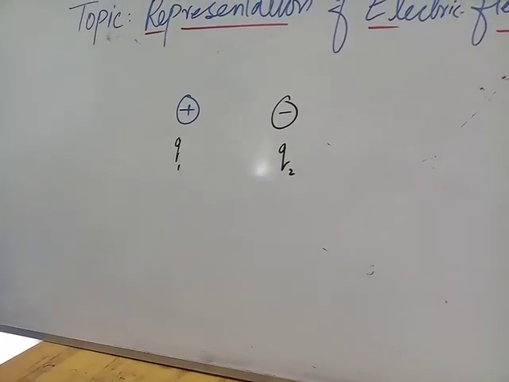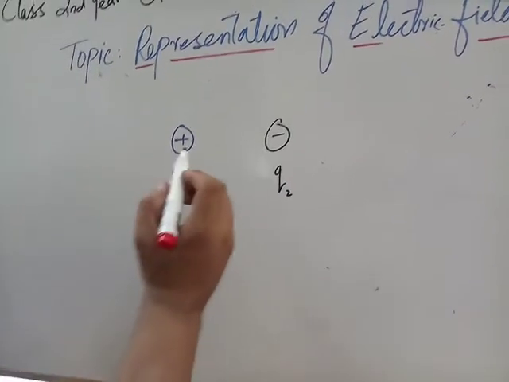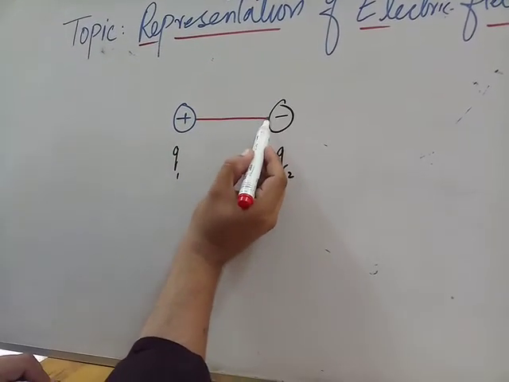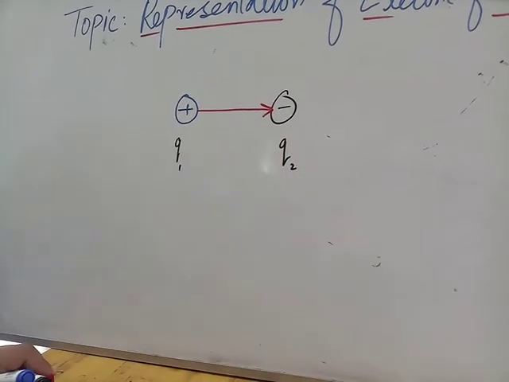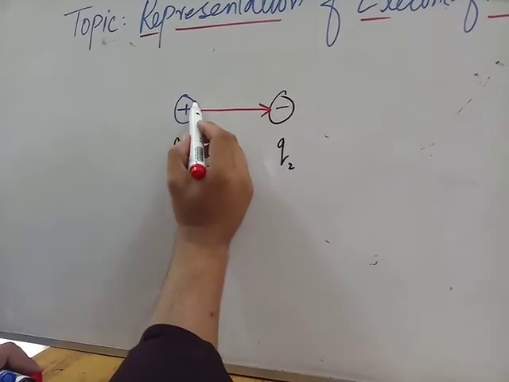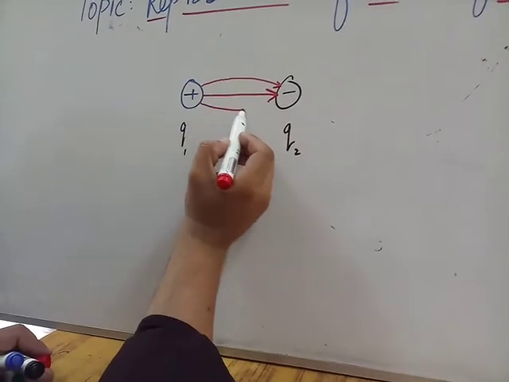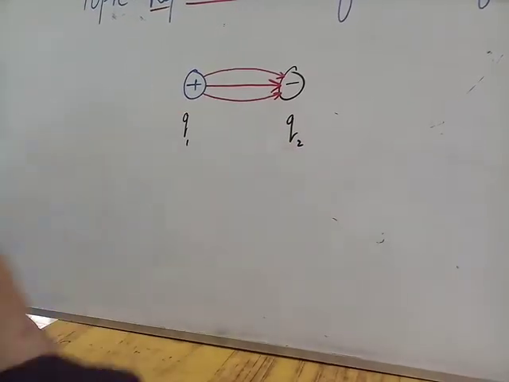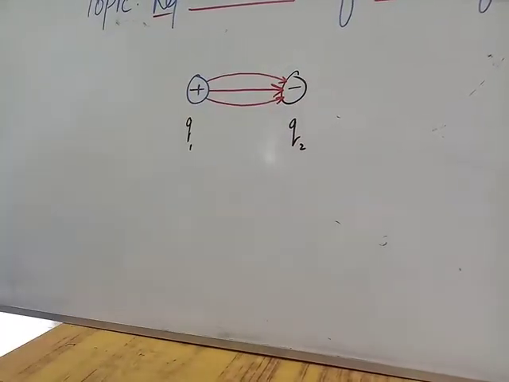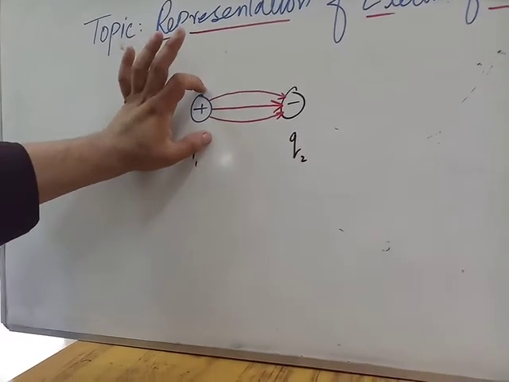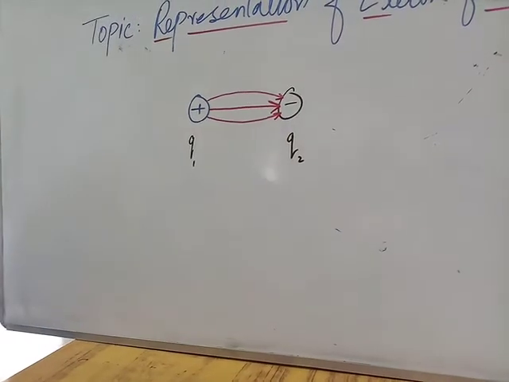Then electric field lines originate from the positive and end on the negative. These are the electric field lines. These two are point charges. Electric field lines start from the positive point charge and end on the negative point charge.